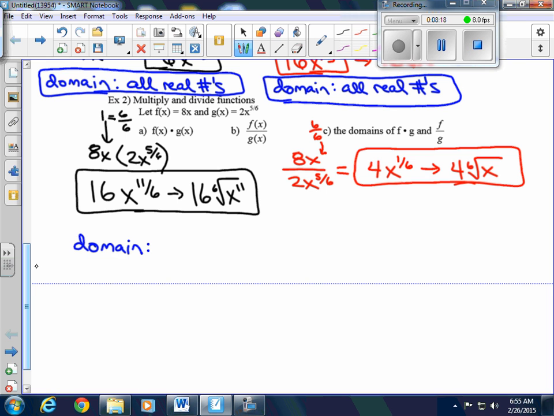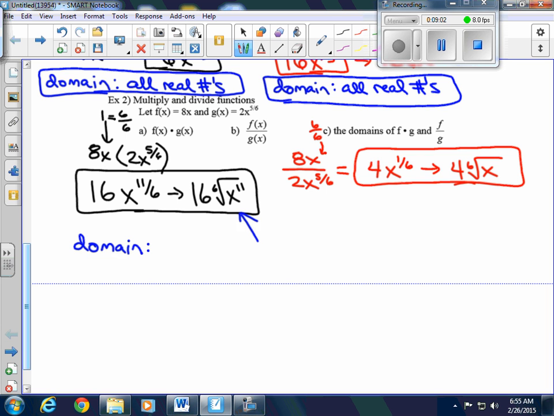All right, so if I put in a number that's positive, it works. Like I put in 1, 1 to the 11th is 1. The 6th root of 1 is still 1. 1 times 16 is 16, gives me an answer. If I put in 0, same thing, that's 0, gives me an answer. If I put in a negative number in here, I cannot take a 6th root of a negative number. Just like remember when we had negative numbers inside our square roots, it was imaginary. The same thing is true here. Because we have an even number of negative signs, it's not going to come out to a real number. It will be imaginary.